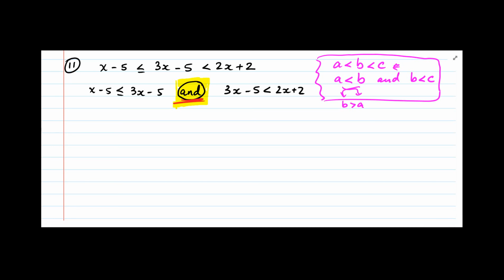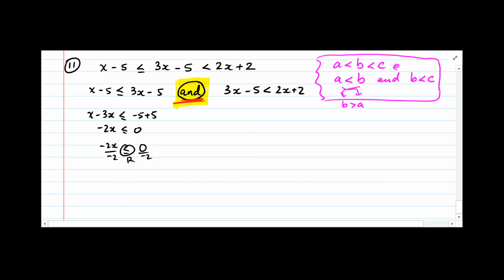Let's go through the process of simplifying each of the inequalities that we have. I'll give you a moment to go ahead and do that. Let me do it this way: minus 5 plus 5. I'm going to be dividing by negative 2 here, so I reverse the inequality.